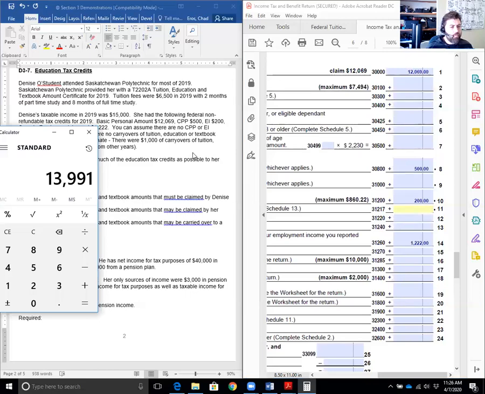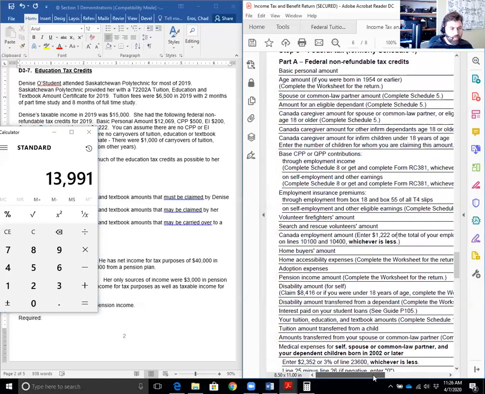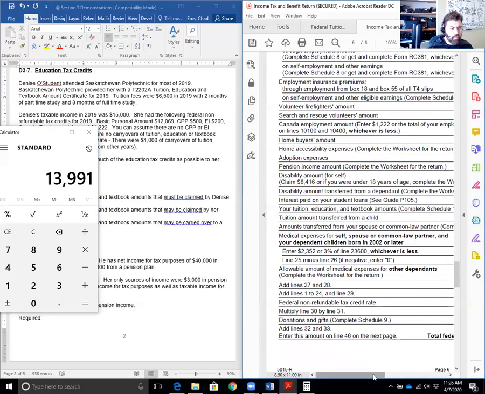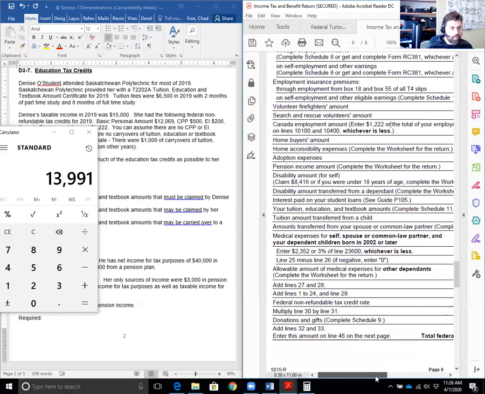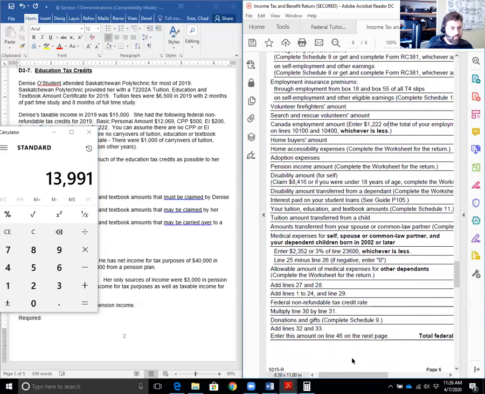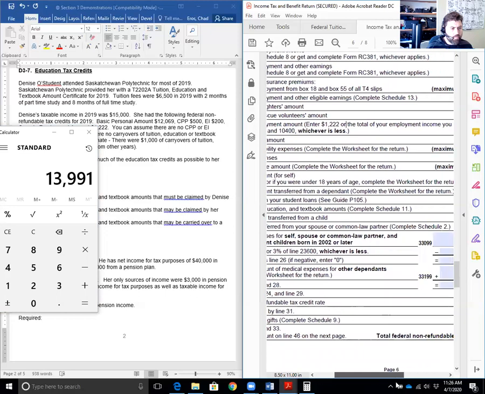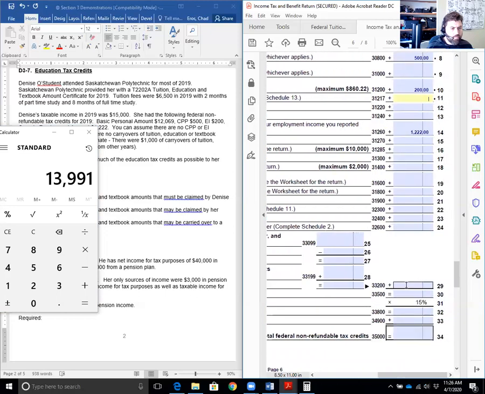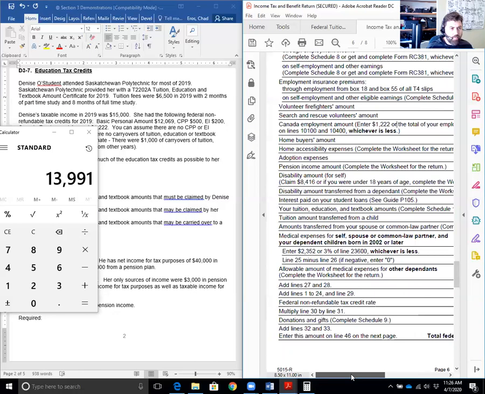Now, what I'm going to do is I'm just going to park this number right here in the form. Let's just put it 13,991, because we're going to be changing that when we add our education tax credits.